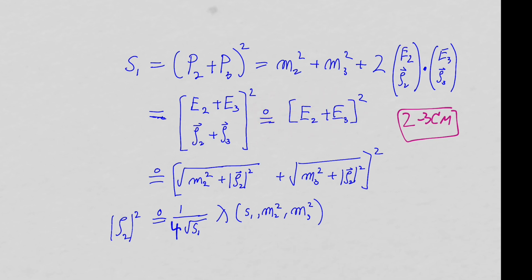So now I introduce the circle. Everything is totally general all through here, but as soon as I make this assertion, I've basically said that we're in this frame, and that manifests itself by saying rho 3 cancels rho 2. And then I just do what we did last time, right? We replace E2 and E3 by the mass of 2 squared plus the magnitude of rho 2 squared, and E3 is the mass of 3 squared plus rho 3 squared, which is rho 2 squared, right?